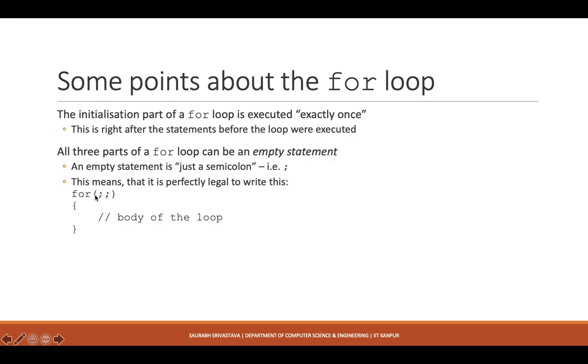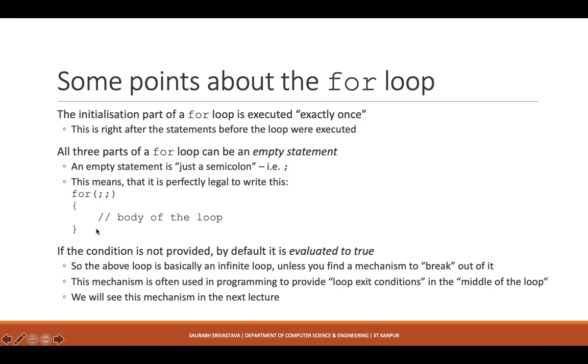So all three slots can have nothing, to be honest. Essentially you can just put two empty statements, so this slot is empty, this slot is empty, and this slot is empty. These two semicolons are just segregating the three parts. So you can leave the three parts empty.